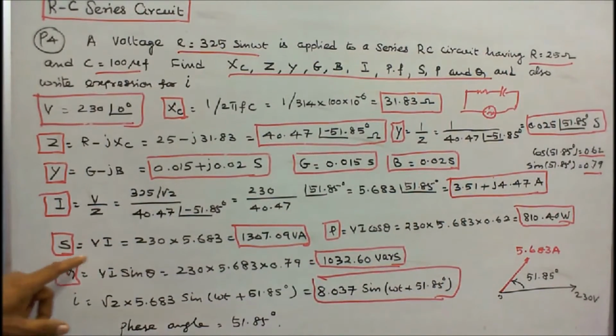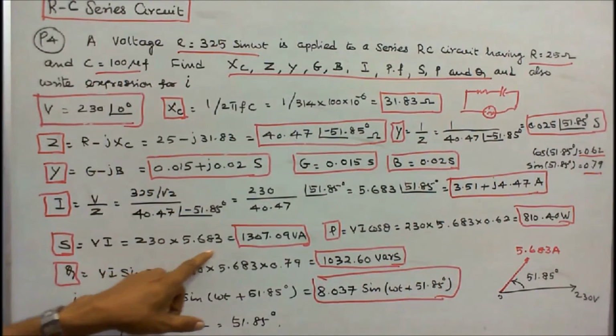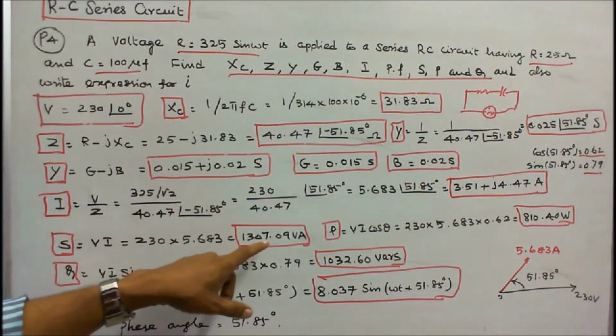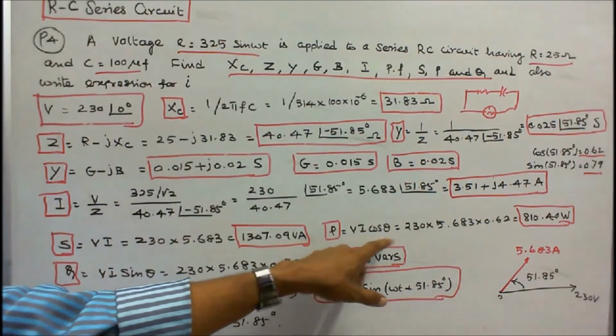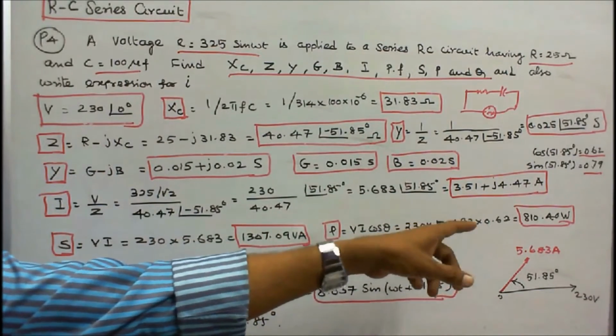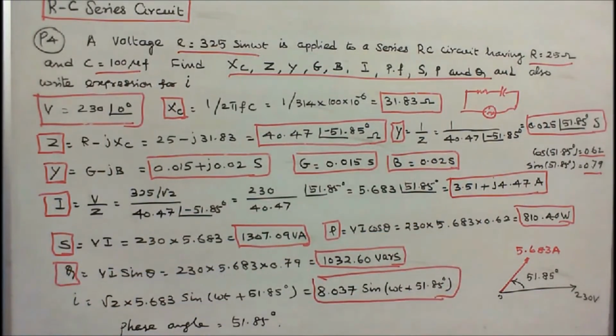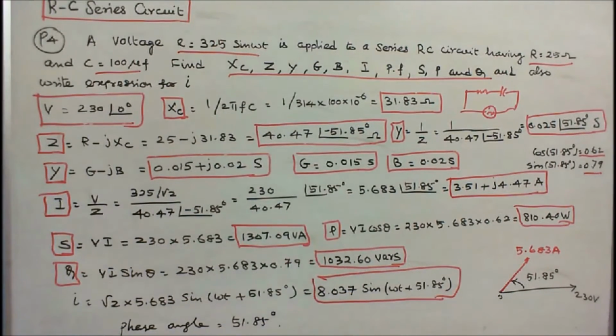Here S = VI = 230 × 5.683 = 1307.09 volt amperes. P = VI cos θ, with cos θ = 0.62, equals 810.40 watts. Reactive power Q = VI sin θ, with sin θ = 0.79, equals 1032.60 volt ampere reactive.